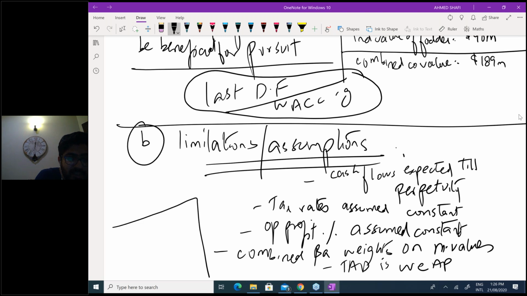Jakir, the discount factor of annuity is the last discount factor. Last discount factor means the year 4 factor. It's 0.70.